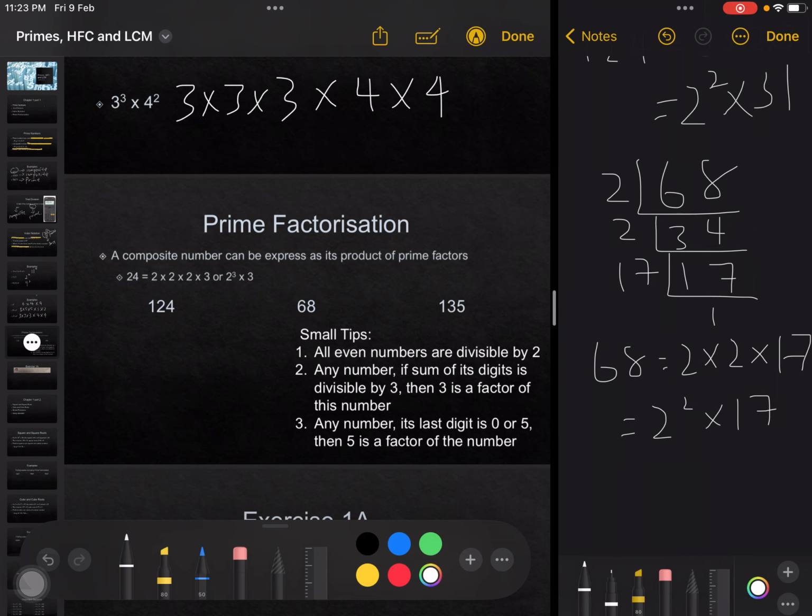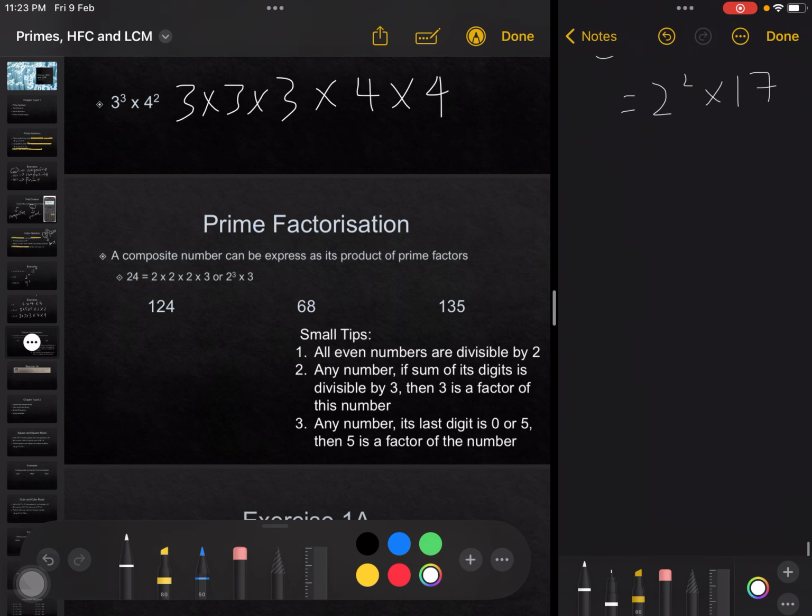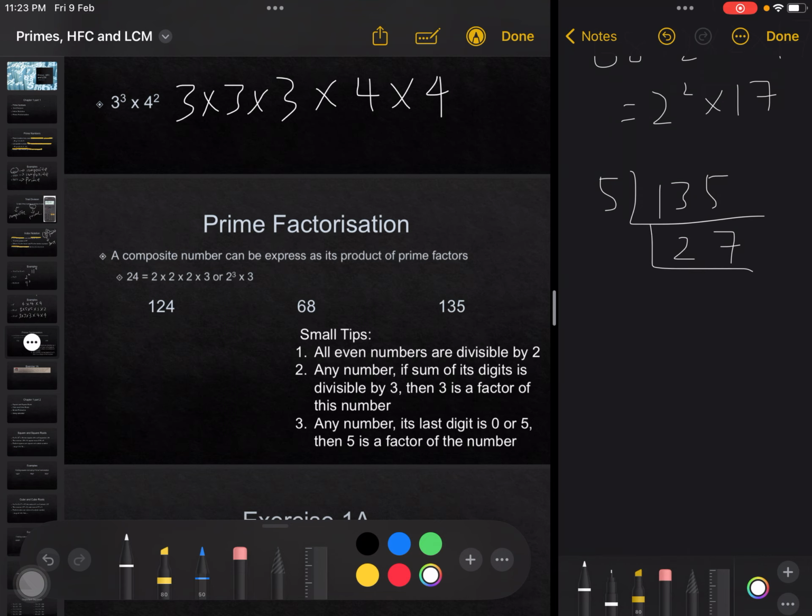Okay, last example we have. 135. I will go with 5 first, because it's obvious that you can divide by 5. So 135 divided by 5 gives 27. Then 3, 9. 9 can still divide, so I divide by 3, I have 3 more.